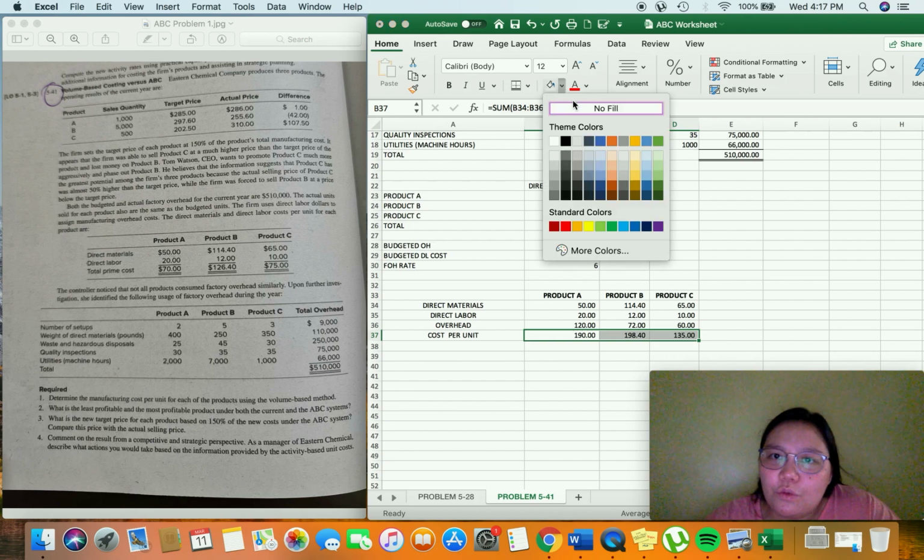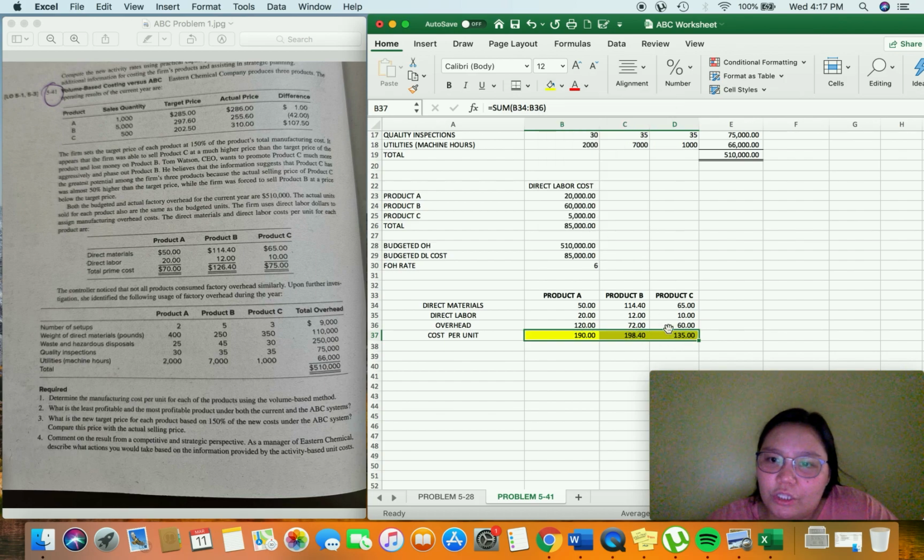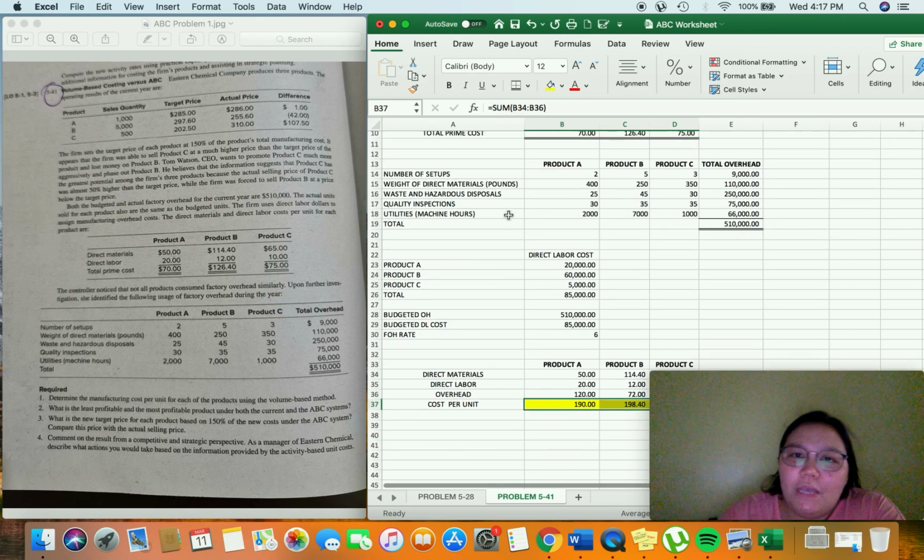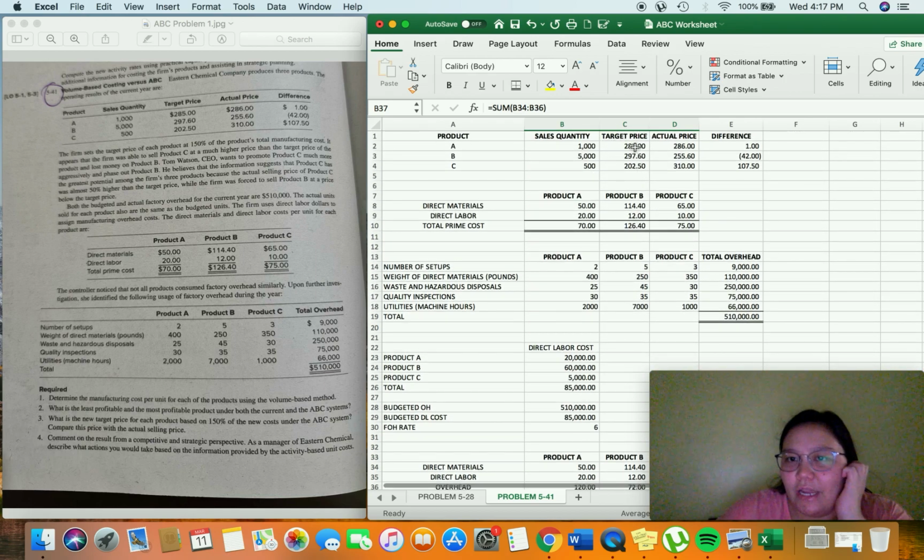Now, there is a way to check if what we have computed is correct. Remember, look at the given information in the problem. The firm sets the target price of each product at 150% of the product's total manufacturing cost. So this target price, 285, 297.6, and 202.5, is based on 150% of the total manufacturing cost per unit.